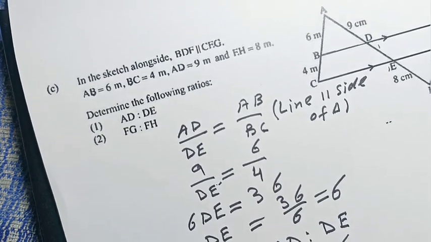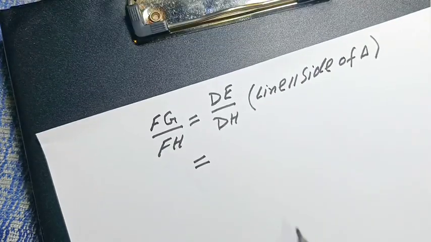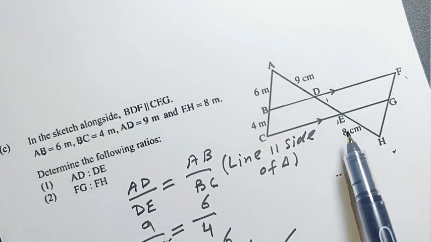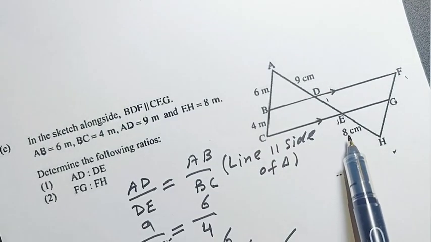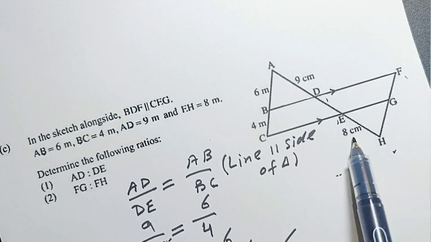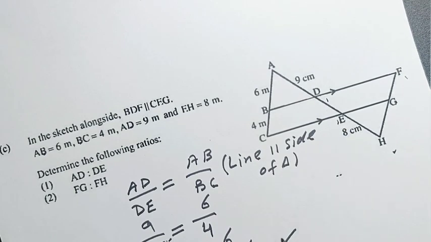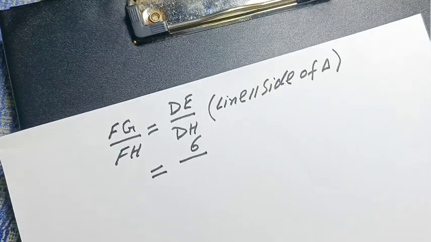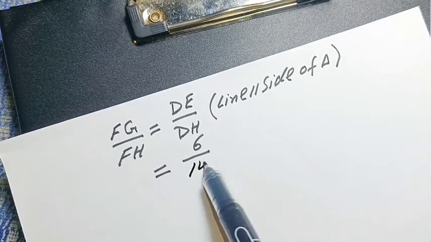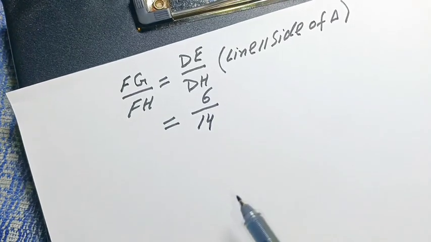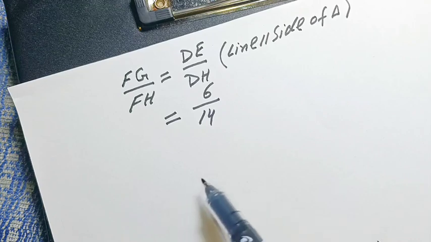So we have DE 6 over DH. So the DH is going to be here. If DE is 6 and the EH is 8, the DH whole thing is going to be 6 plus 8 is 14. So it's going to be 14.